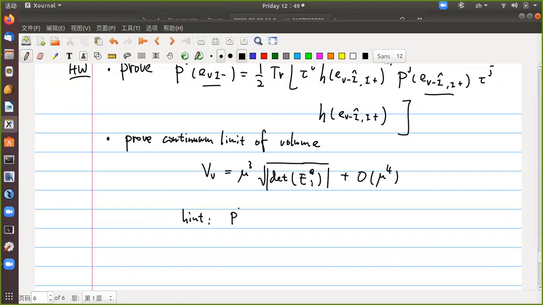So the hint is that P J E I S, S is either +1 or -1, and I equals 1, 2, 3 direction. And it actually equals to beta mu square times S, and then EJI. And this EJI, it is just the coordinate index if you adapt the coordinate to the lattice.